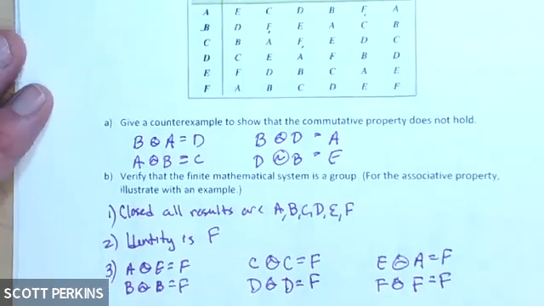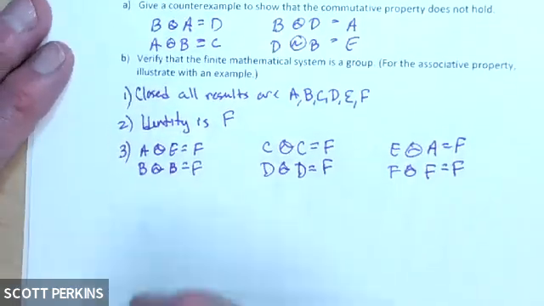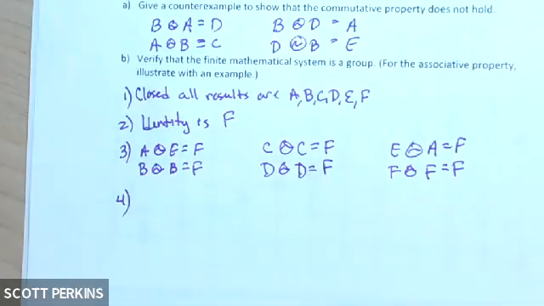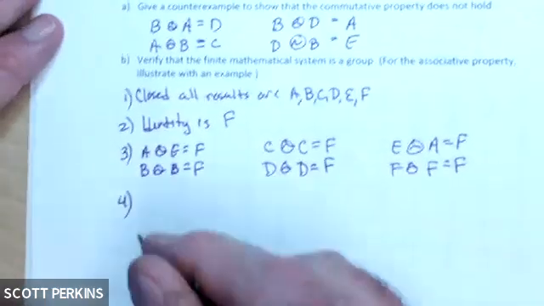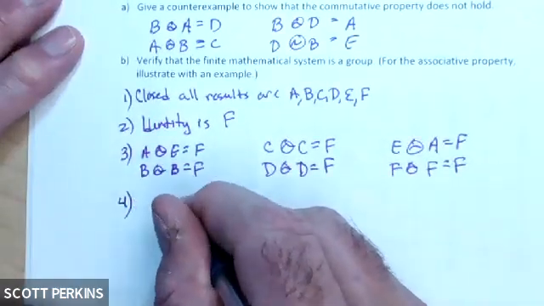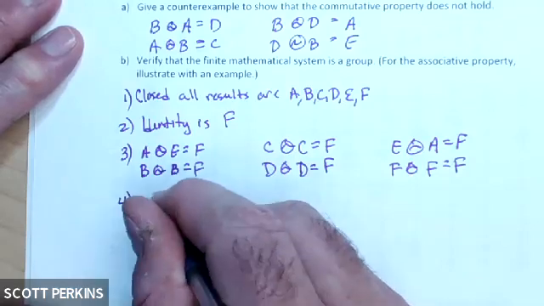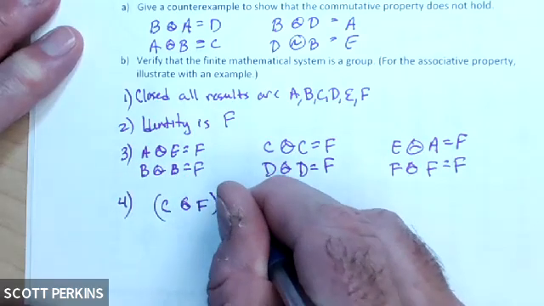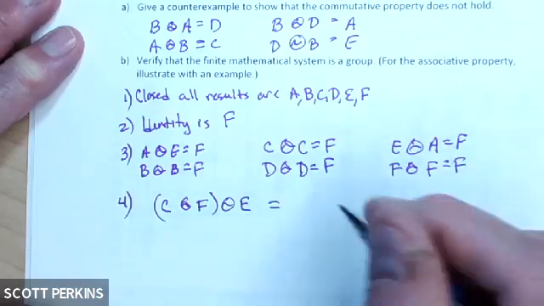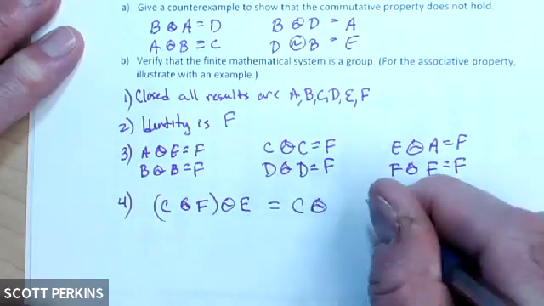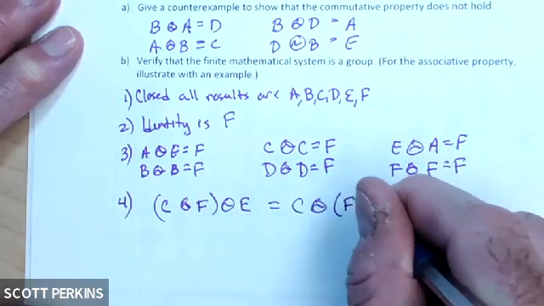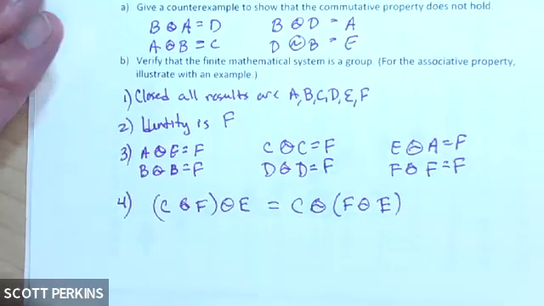Last thing is you're just going to verify the associative property. So again, we all probably have an example that looks a little different. So I'm going to do C, circle the wave F, circle the wave E, and I'm going to verify that that's equal to C, circle the wave F, circle the wave E with the other grouping. And I'm just going to use the table to do it.